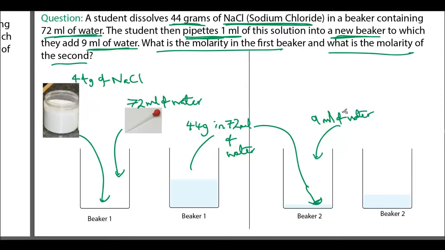So we're going to have a new concentration here in beaker number 2. The total volume in beaker number 2 is 1 milliliter plus 9 milliliters equals 10 milliliters. So when you first of all get a really complicated question, draw it out.